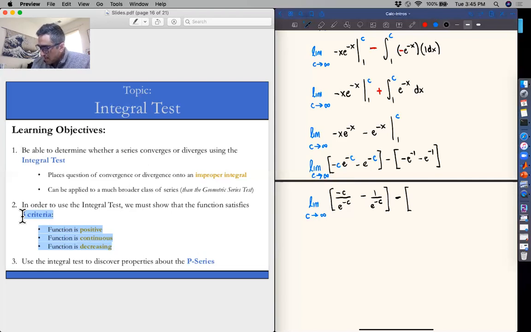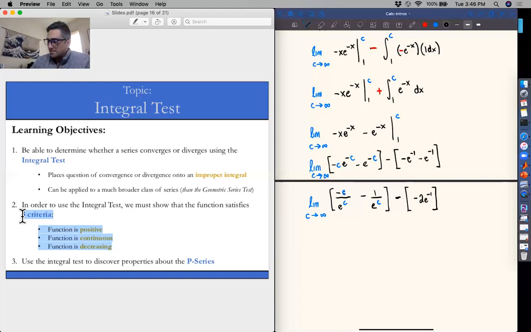So this will be minus 2 e to the minus 1, which is, of course, just some number. All right, let's see what happens when we take that limit as c goes to infinity. Well, oops, already messed up a bit. In those denominators, those should be e to the c's, not e to the minus c's.